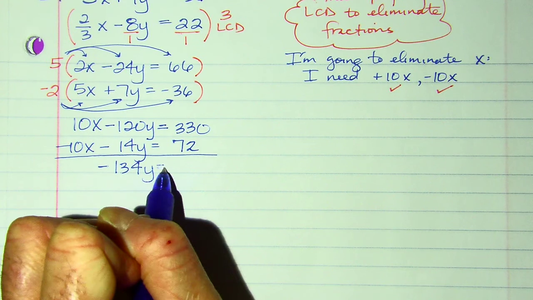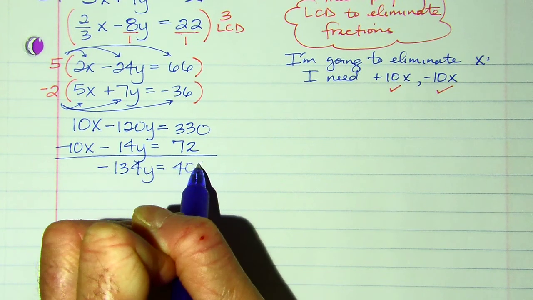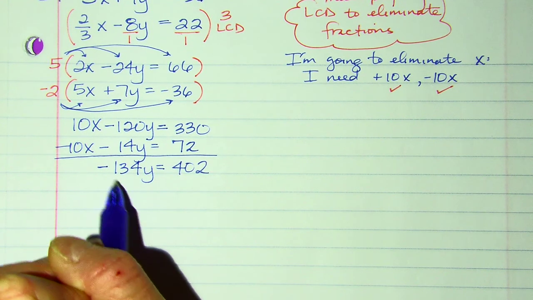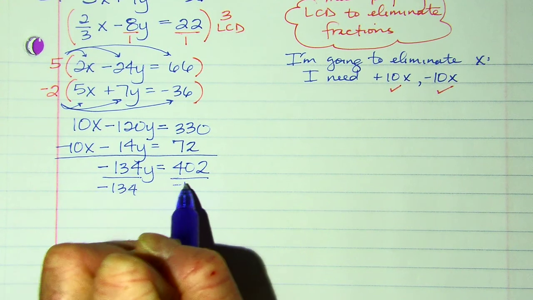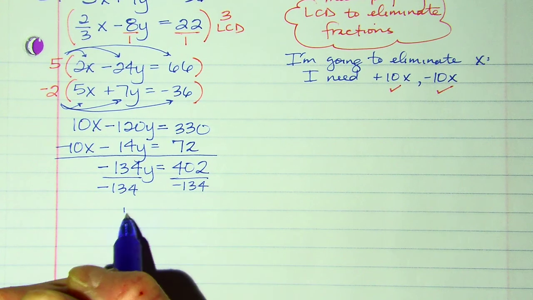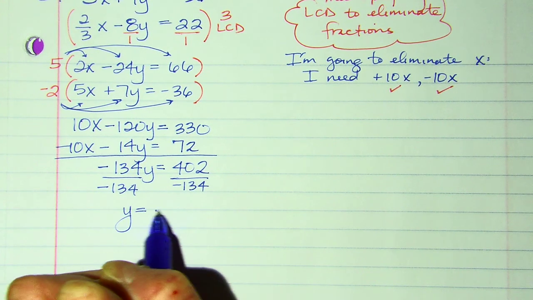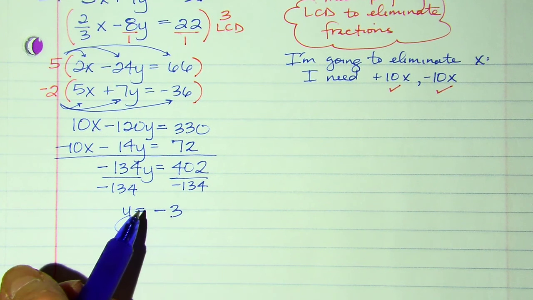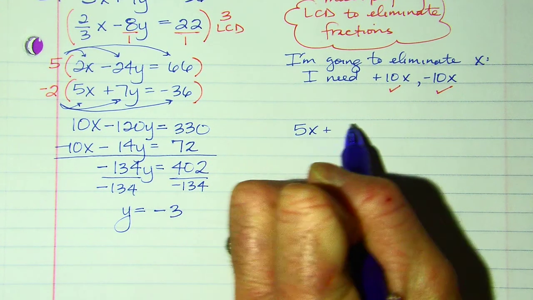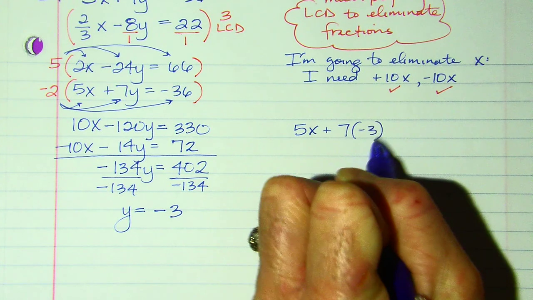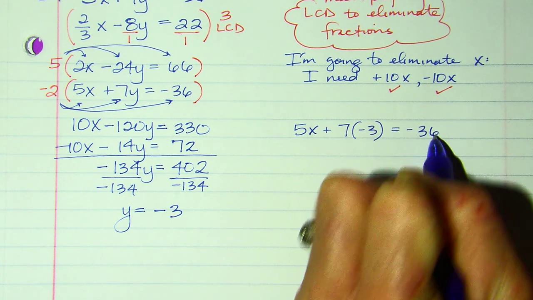Y equals 402. If I divide, make sure you're dividing by a negative. A positive divided by a negative is a negative 3. Don't forget your negatives. Then I'm going to substitute that back in to any equation. I'm just going to choose the first because it doesn't have fractions.